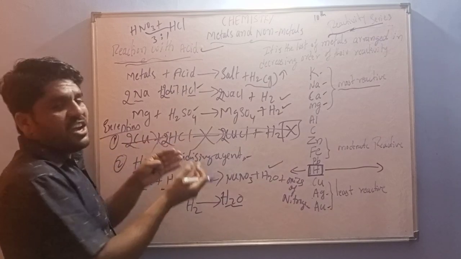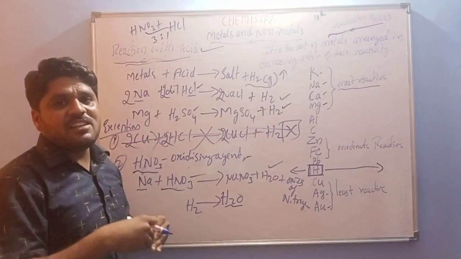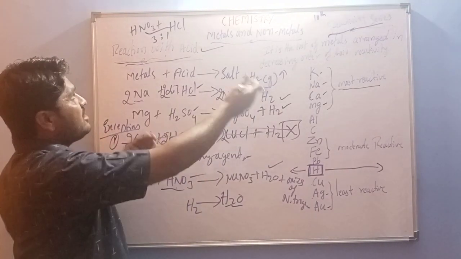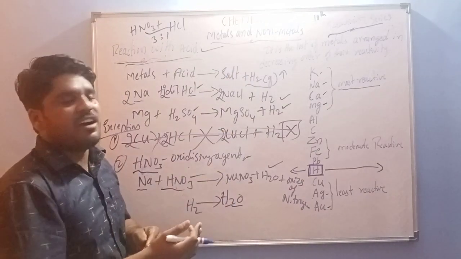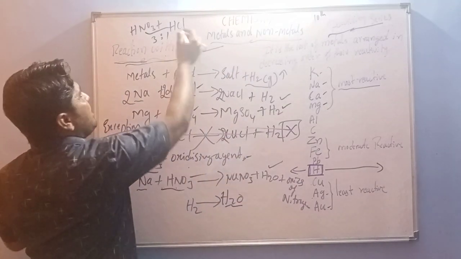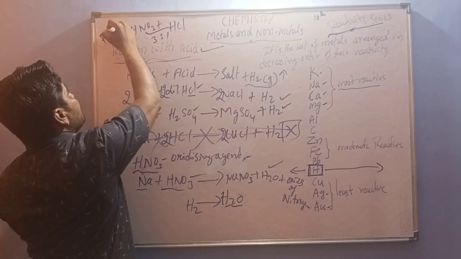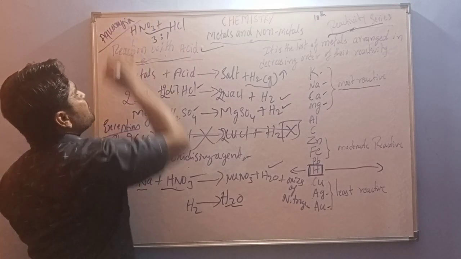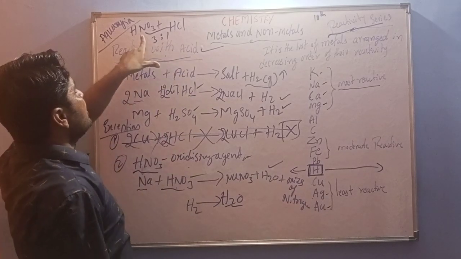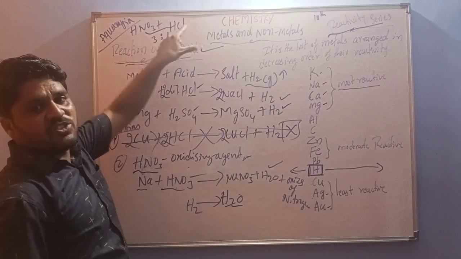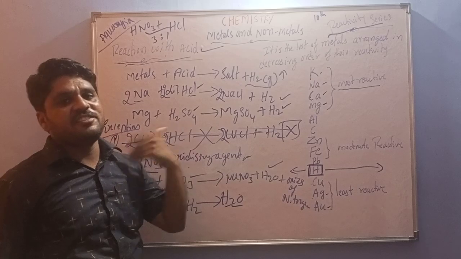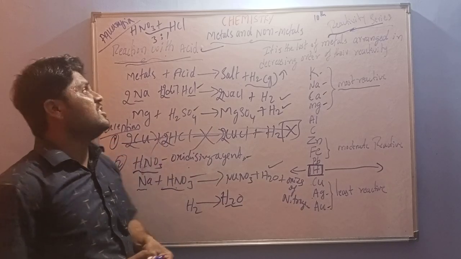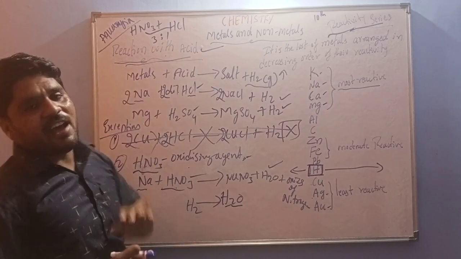Aqua regia can dissolve metals like gold, silver and some platinum. So this is reaction with acids.